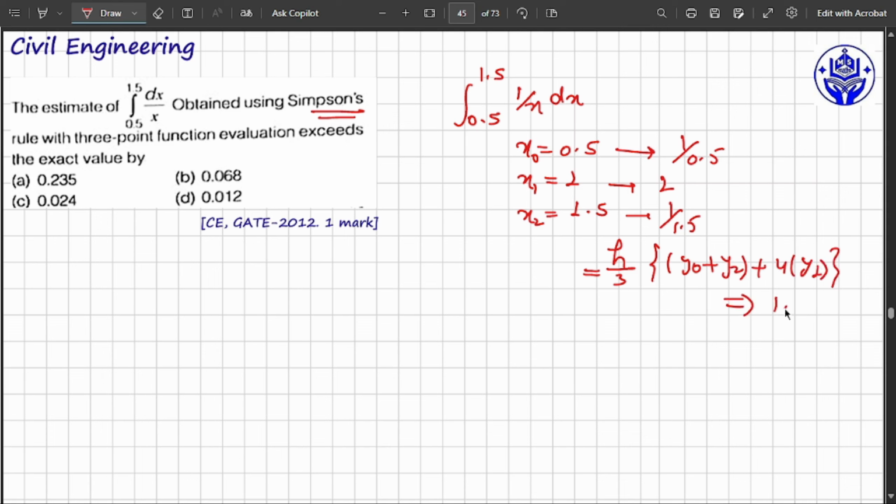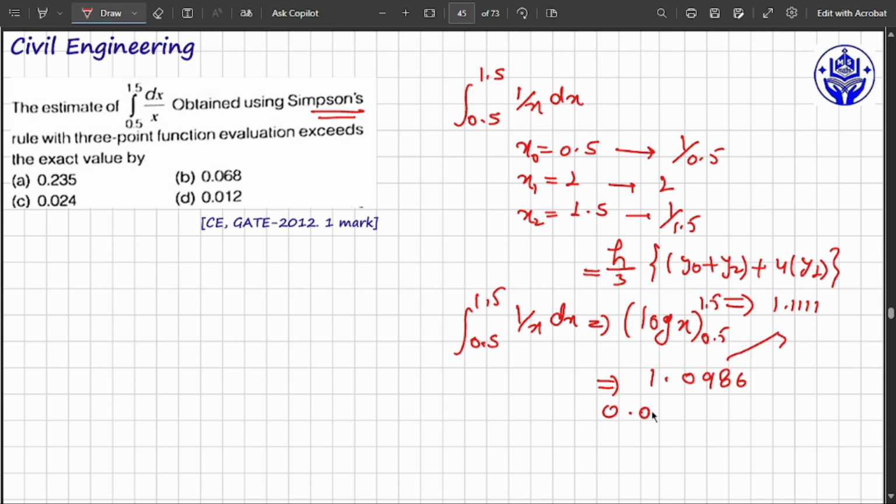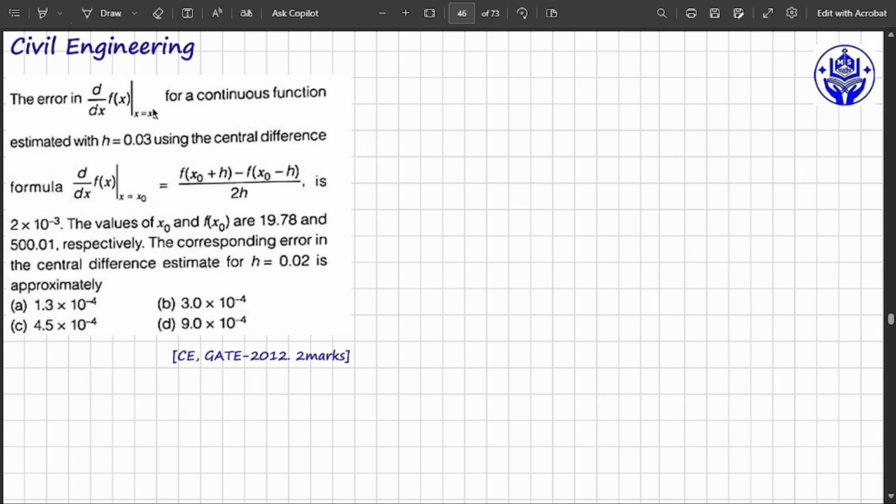The numerical value will be 1.111. Now the exact solution: integral from 0.5 to 1.5 of 1 by x dx is nothing but log of x from 0.5 to 1.5. It will be 1.0986. So the error is 0.012. So D is the correct answer.